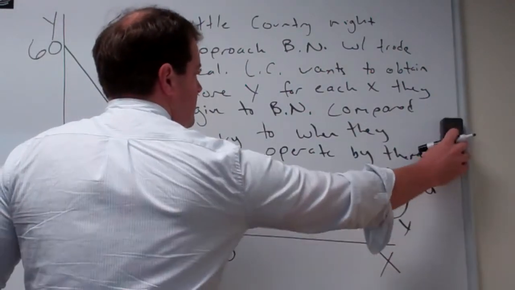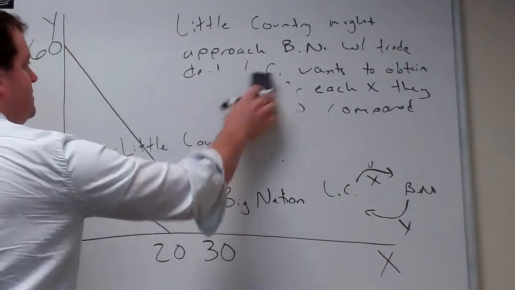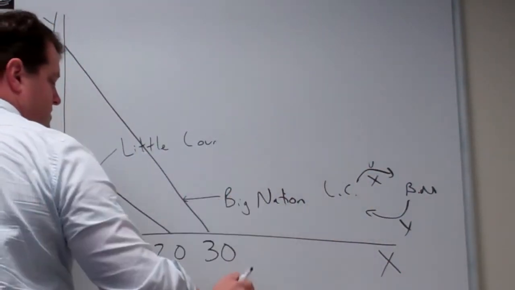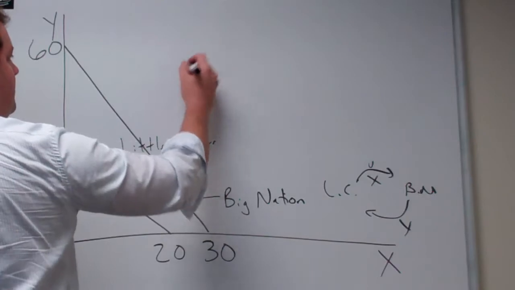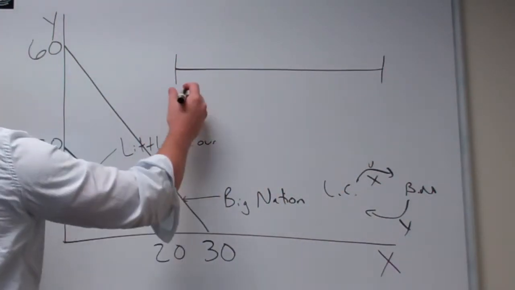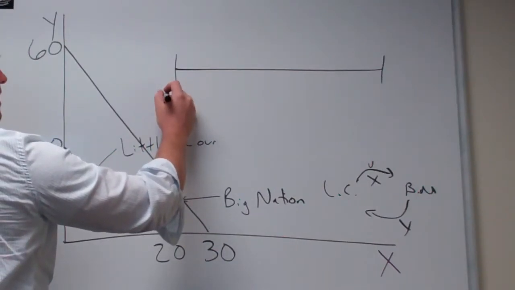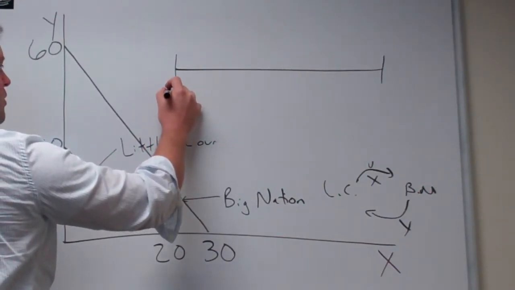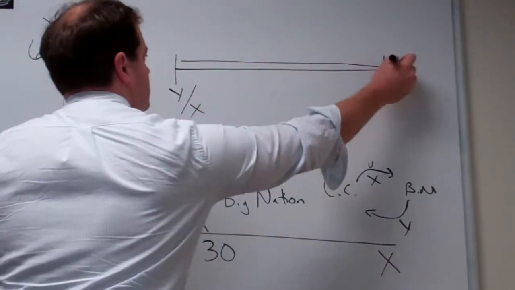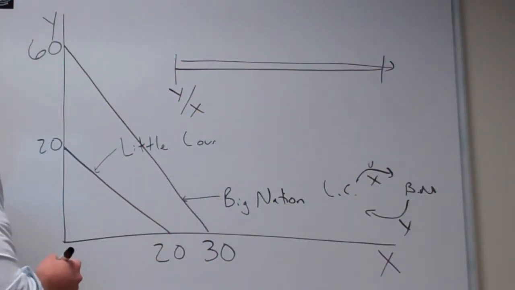So we want to take that objective that little country has, and think about that in terms of establishing terms of trade. So little country is going to want more than 1Y per X, right? They're going to want to be existing out here on the continuum.